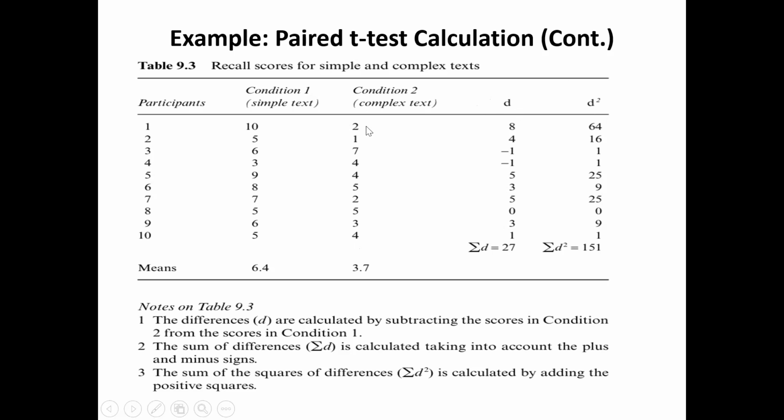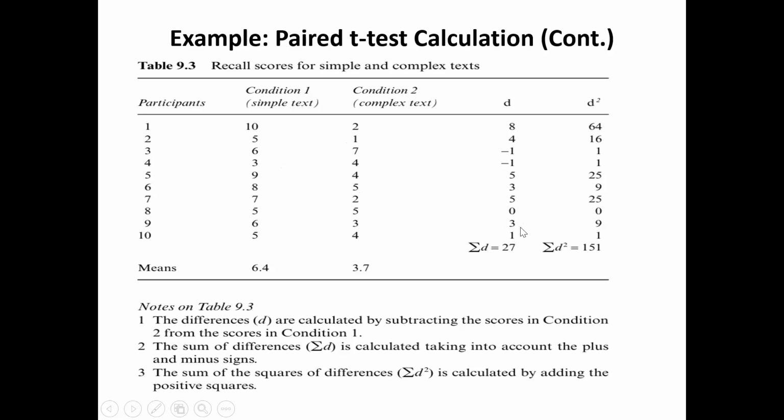To get the difference, you subtract condition 2 from condition 1. That is 10 minus 2, 8; 5 minus 1, 4; 6 minus 7, minus 1; 3 minus 4, minus 1; 9 minus 4, 5, and so on and so forth.